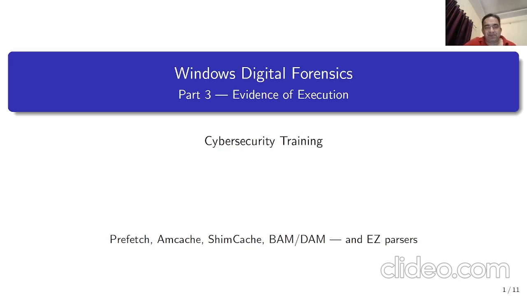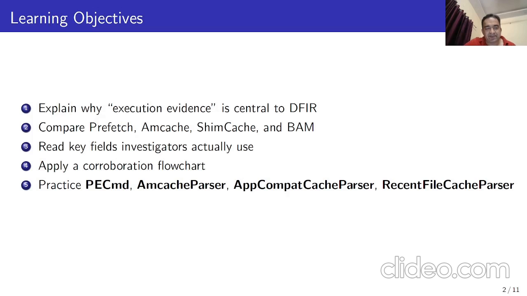Very soon I'll prepare hands-on practice on these tools and upload it as well. Presently I'm giving an introduction to the tools and a little about their importance. In this part, you will be able to explain why execution evidence matters, compare the four major artifact classes, read investigator-critical fields, follow the flowchart, and practice PECmd, AmcacheParser, AppCompatCacheParser, and later registry parsing.